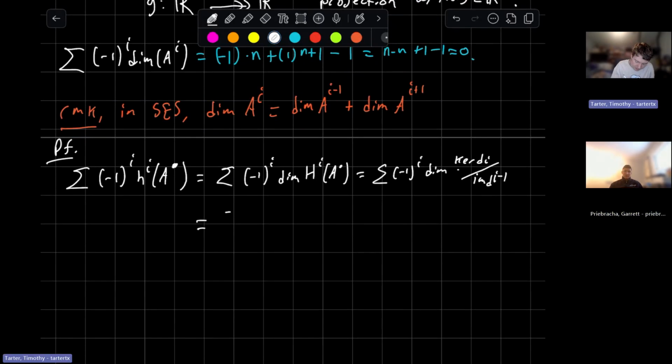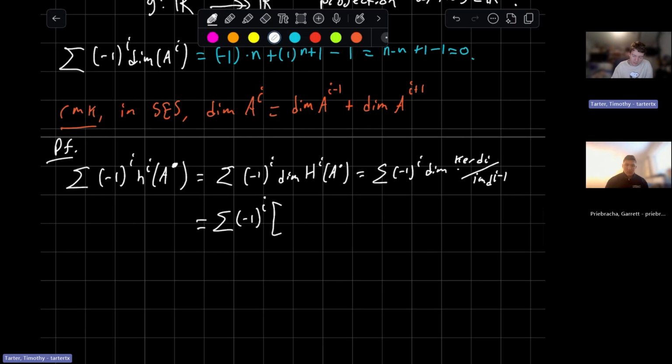So this is equal to the sum of (-1) to the i of the dimension of, hold on, I need to check this, but I think it's the dimension of the kernel minus the dimension of the image.